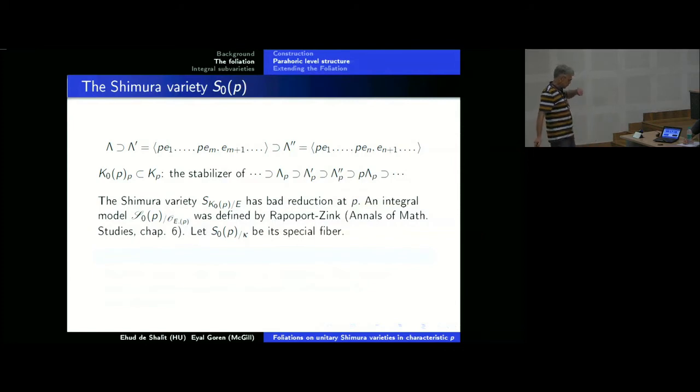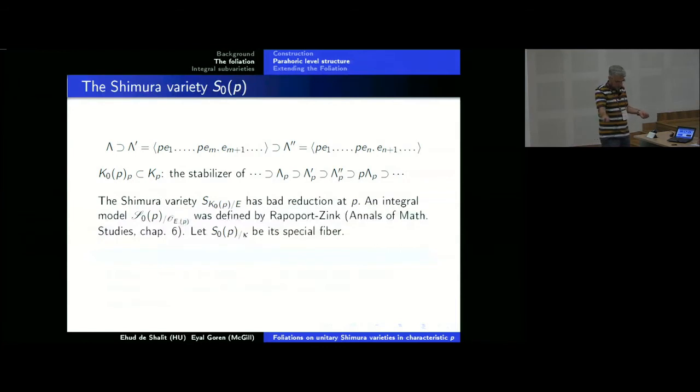But the edge would be between a hyperspecial maximal compact, a hyperspecial vertex, and a non-hyperspecial vertex in the building. And in this case, an integral model was defined. Okay, so this is another Shimura variety, but it has bad reduction, just as in the classical modular curve of level Gamma_0(p), it has bad reduction.